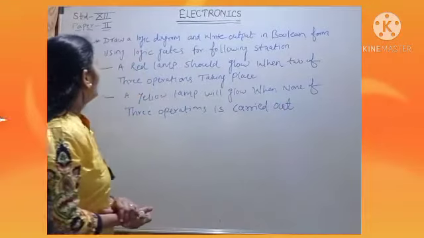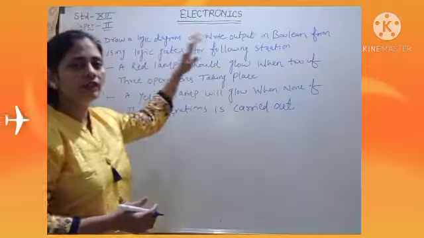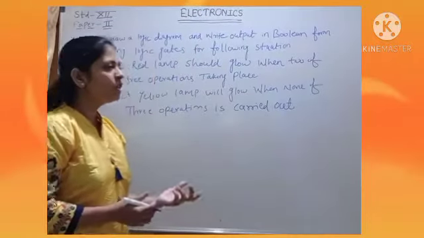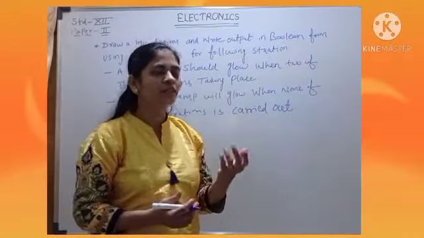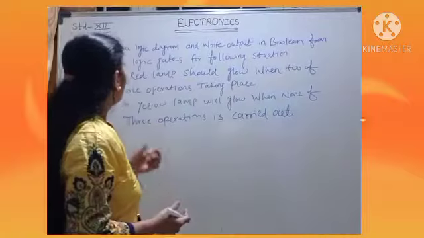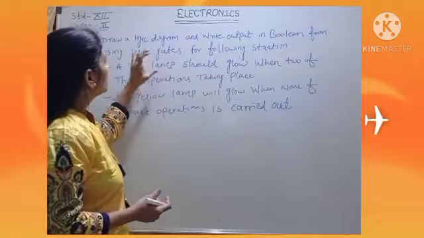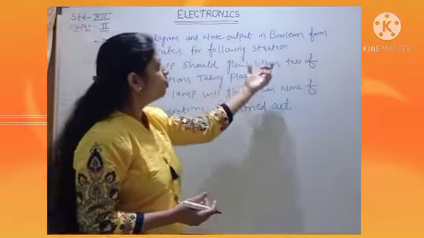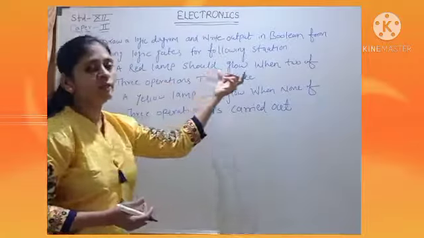Now see what we have to do. We have to draw the logic diagram for this given situation. We have to glow two lamps, one red and one yellow. For the red lamp, the lamp should glow when two of the three operations are taking place.